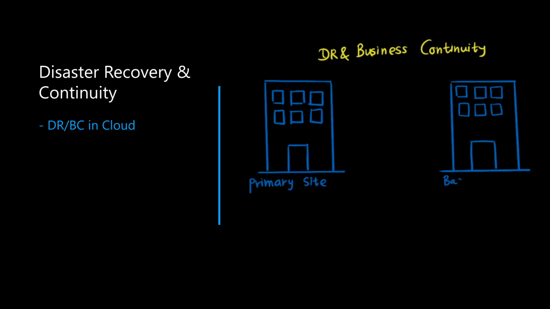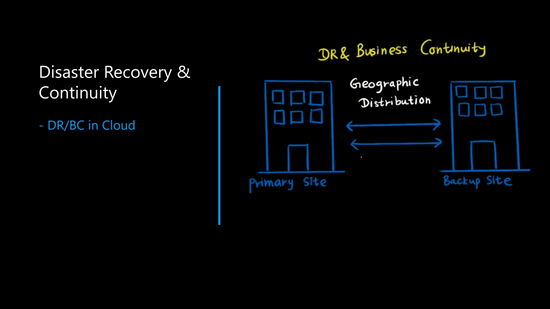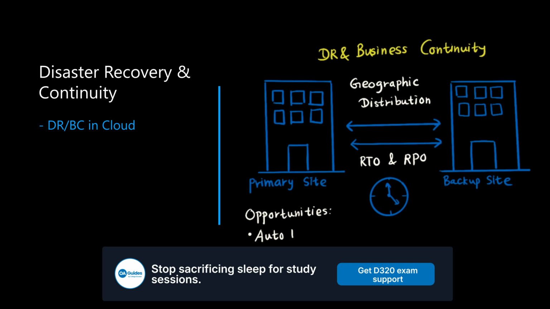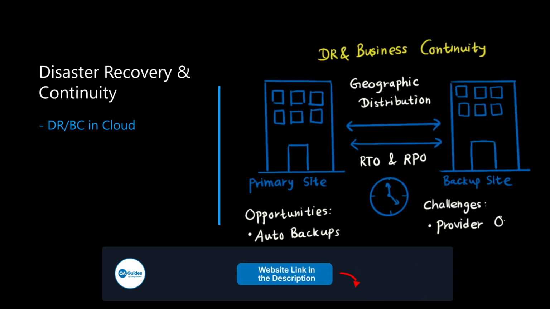You can replicate data across multiple regions, quickly spin up replacement infrastructure, and even implement active-active configurations where applications run simultaneously in multiple locations. However, you also need to consider new risks like provider outages, data repatriation if you need to leave a provider, and dependencies on network connectivity.